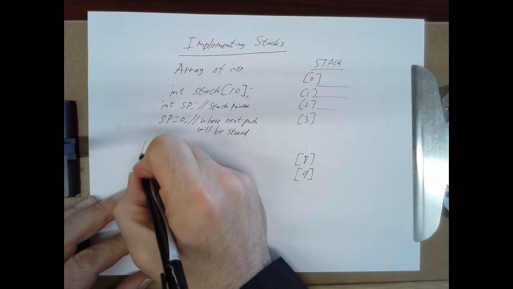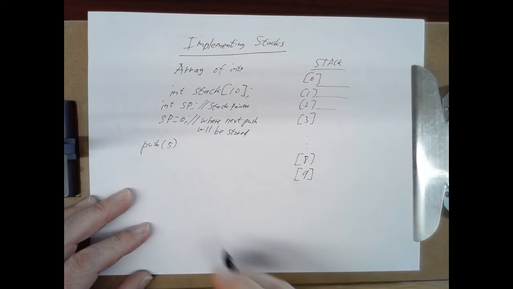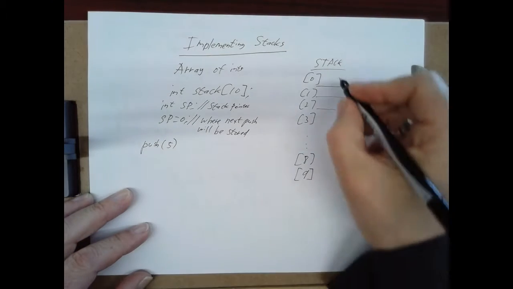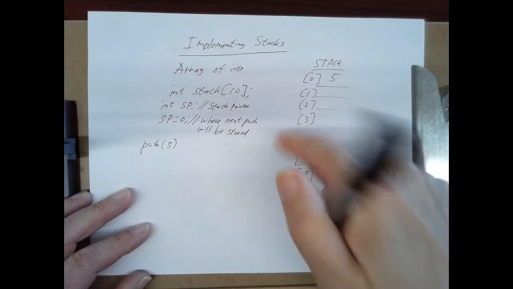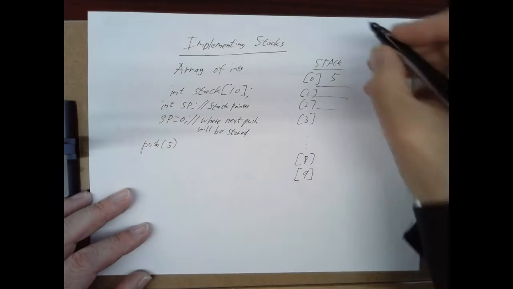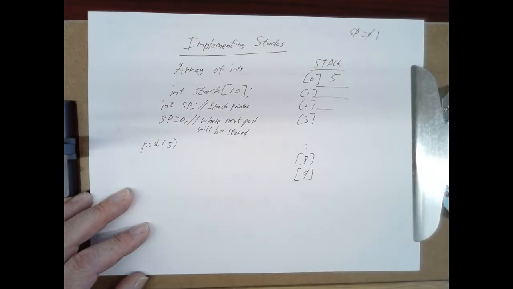So if I want to push the number 5, I'm going to store it at the index given by SP, that's index 0. And I need to increment the stack pointer so that the next time I push, I'll store at index 1. So my stack pointer started off at 0. I just pushed, now I'm going to increment it to 1.